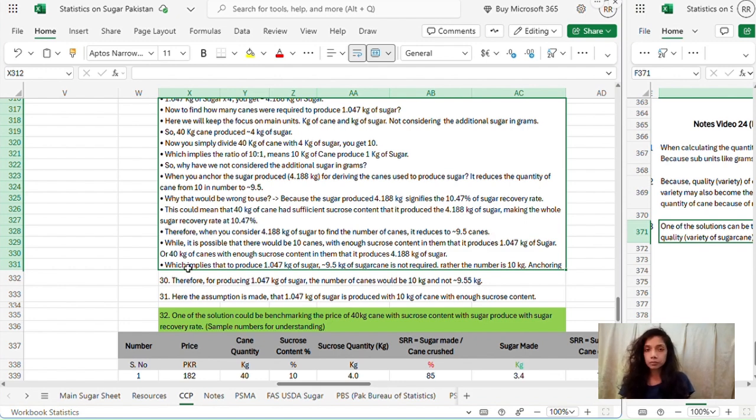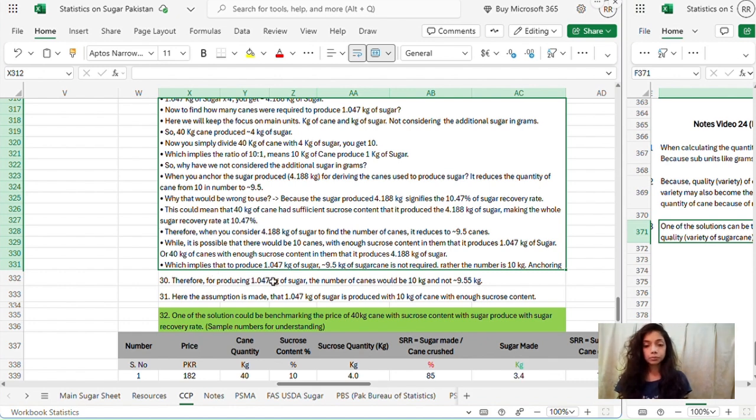Similarly, if we add these numbers to higher numbers, let's say 10 kg becomes 40 kg of cane, and the sucrose content in that 10 kgs of cane is similar in the 40 kgs of cane for every 10 in 40. So it produces 4 kg of sugar with an additional 188 grams of sugar. Now 188, you can multiply 47 with 4 and you're going to get 188.